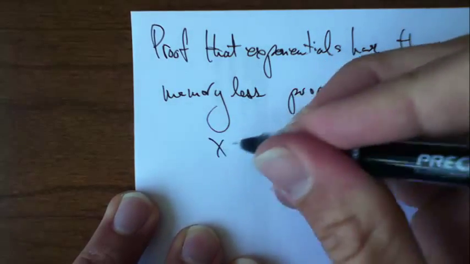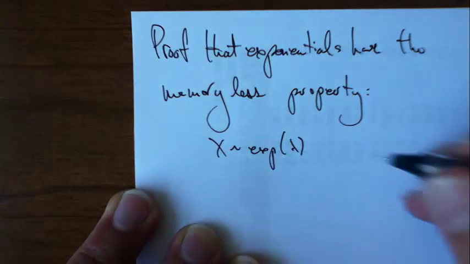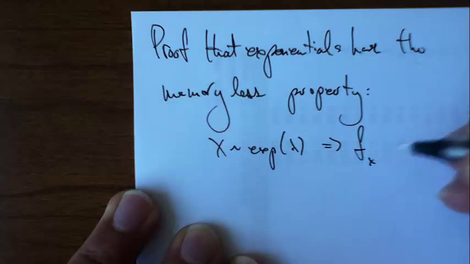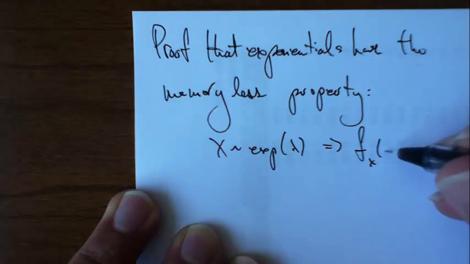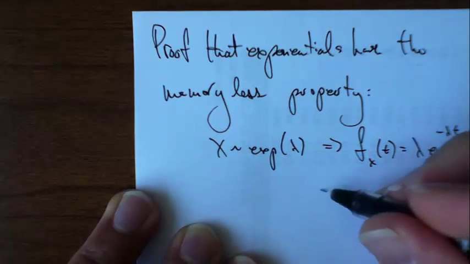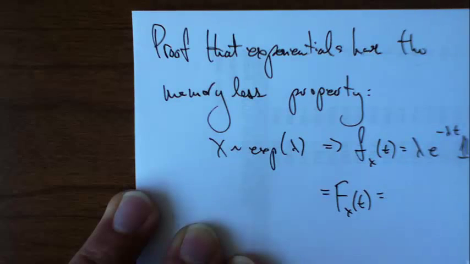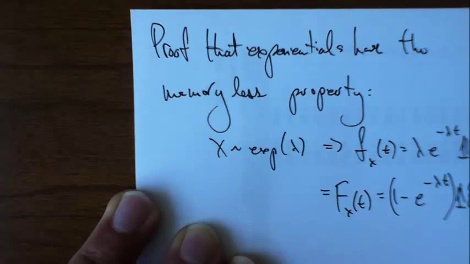So again, X is distributed exponential lambda, which means that the density function is lambda e to the negative lambda t times the indicator that t is at least 0, and the cumulative distribution function turns out to be 1 minus e to the negative lambda t times the indicator that t is at least 0.